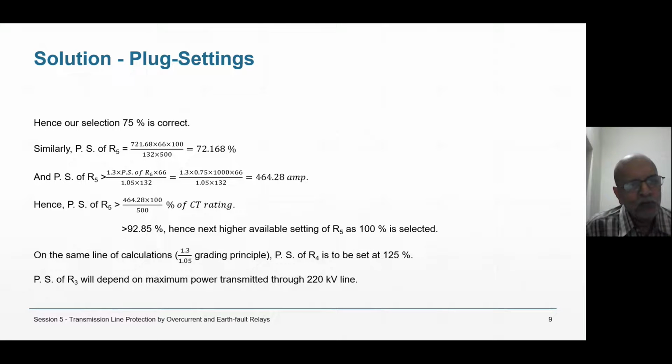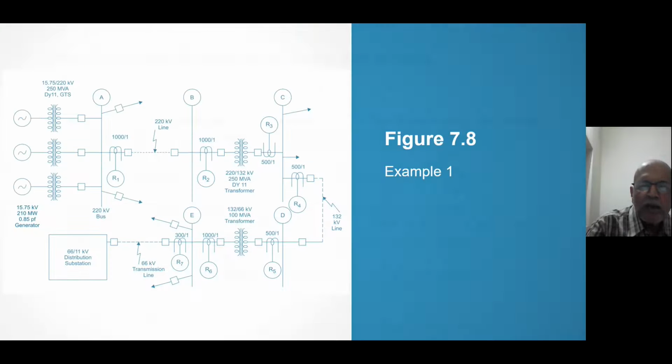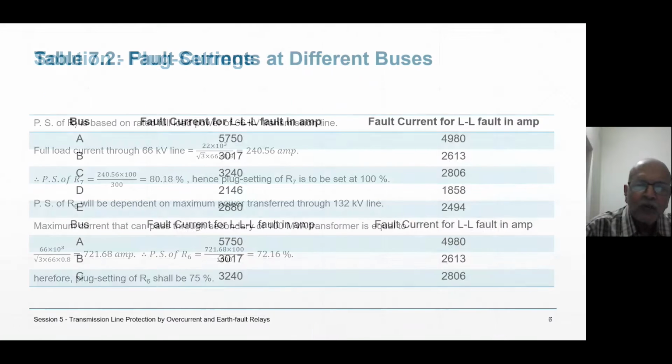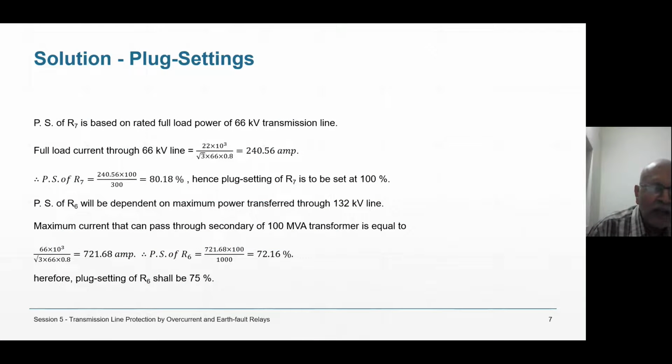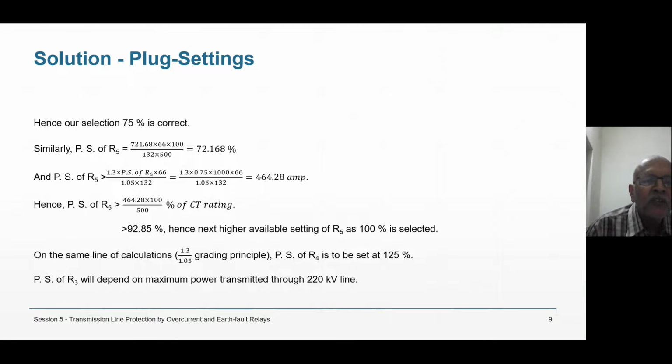Similarly, PS of R5. R5 is nothing else but backing up R6, so 1.3 divided by 1.05 of R6. PS of R5 is 721.68 into 66 divided by 100, which gives me 72, that means 75%.